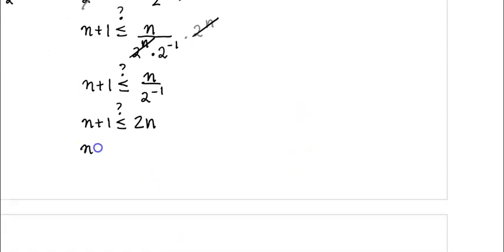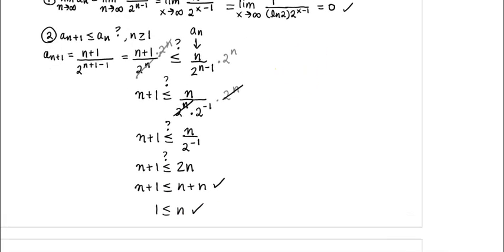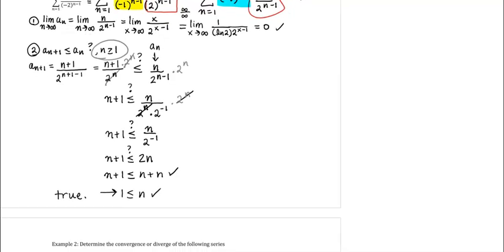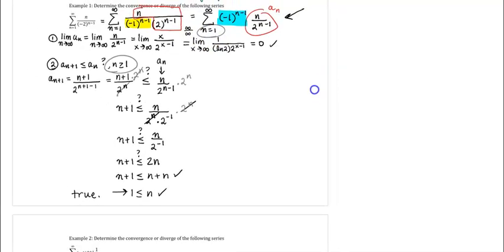And I hope we can see that this inequality is definitely true because n is greater than or equal to 1. So we have shown that the sequence is in fact decreasing. We already said from when we started we knew n was greater than or equal to 1 because of the index on our series.